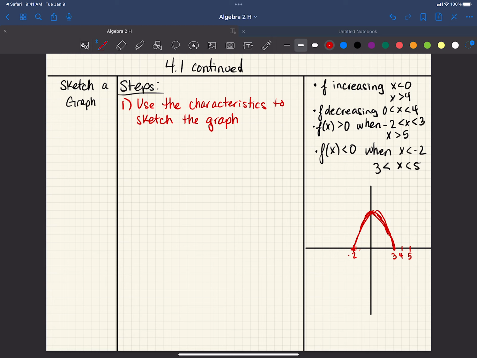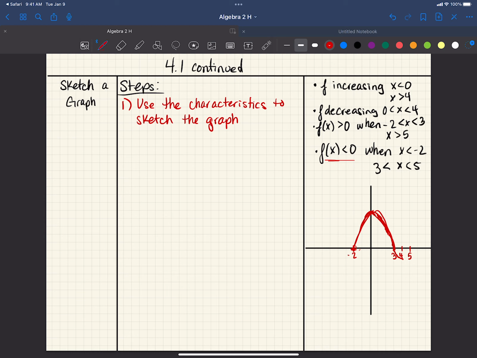Right? Then at the 3, I'm actually going to be in the decreasing section, right? Because my y's are negative when x is between 3 and 5. So underneath here, we are living in the land of the negatives. My y values are negative.